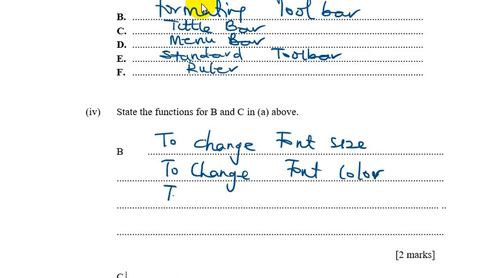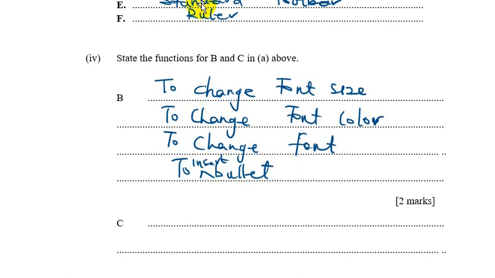You can say to change font, okay. Any of these three is okay. Maybe you can also say to insert bullet, because bullet is also on that formatting bar. So any of these two can work out.